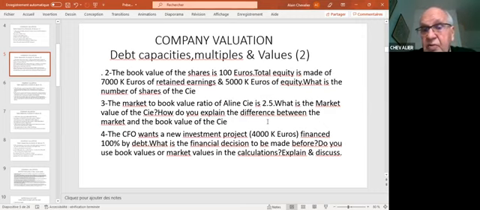Very often, what do we do when we are not really able to make the calculations as we did with the table I showed you yesterday in Sanofi? We use comparables.